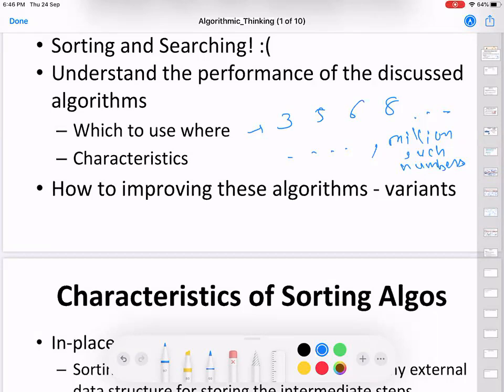Whosoever was speaking just now was talking about actually doing counting instead of making comparisons. If you remember, the very first thing that we discussed was that if you do comparisons to sort the numbers, then that particular algorithm takes minimum n log n time.